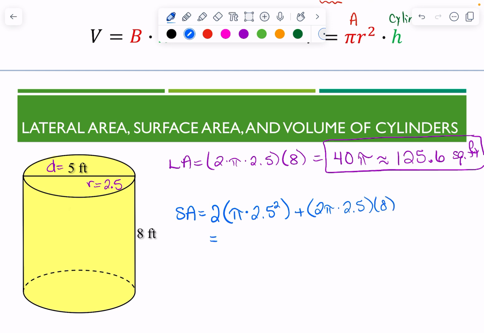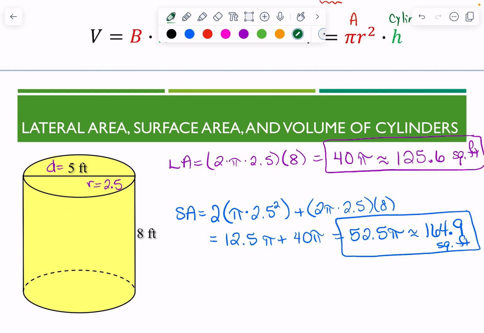So 2.5 squared times 2 gets us 12.5 pi plus 40 pi. My exact value would be 52.5 pi. Then we take that 52.5 times 3.14, and that gets us 164.9 rounded square feet.